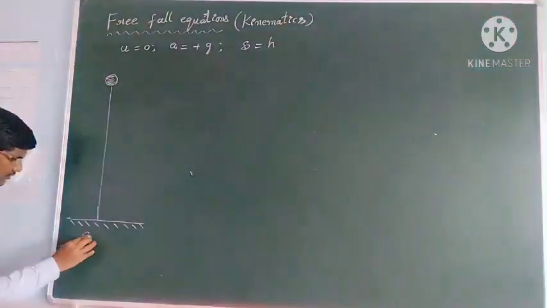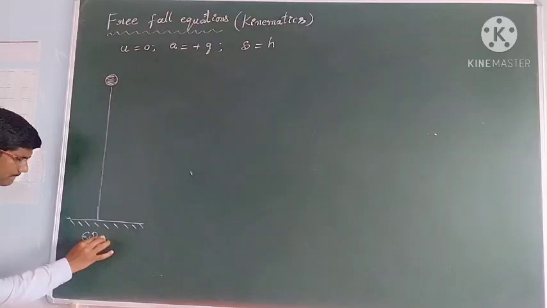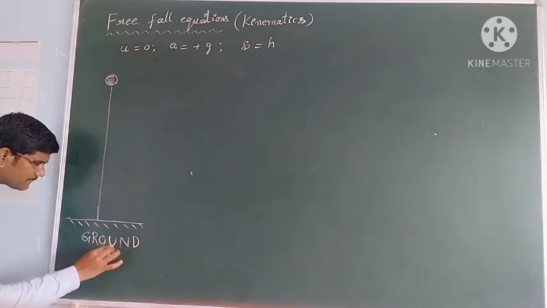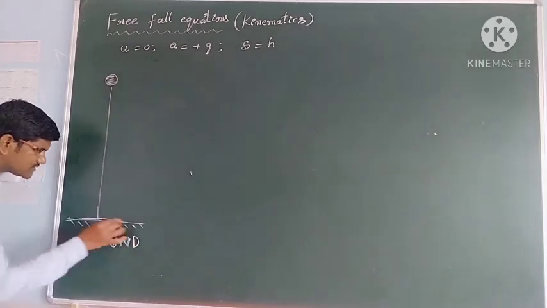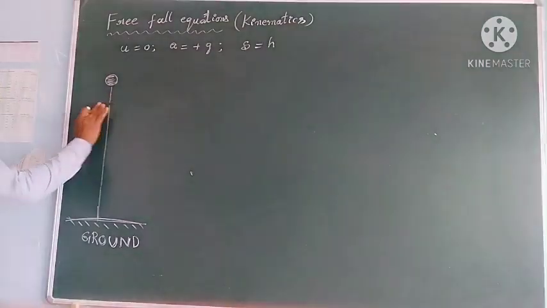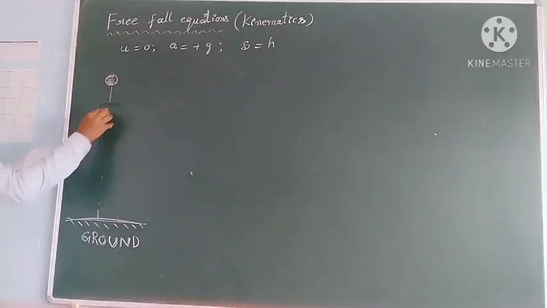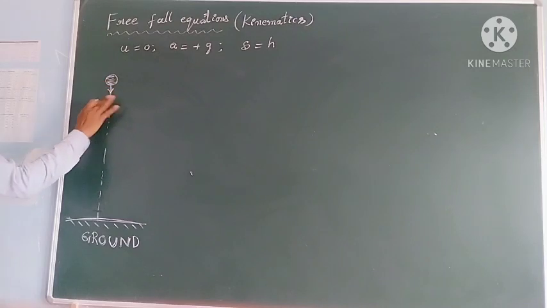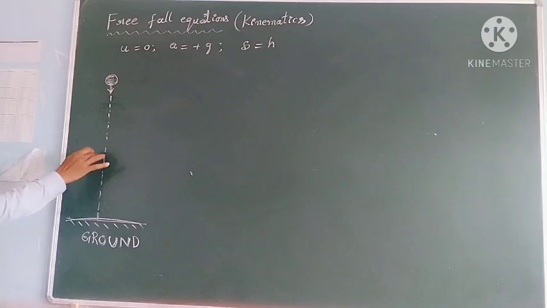This is the ground level. The object is falling in this direction.